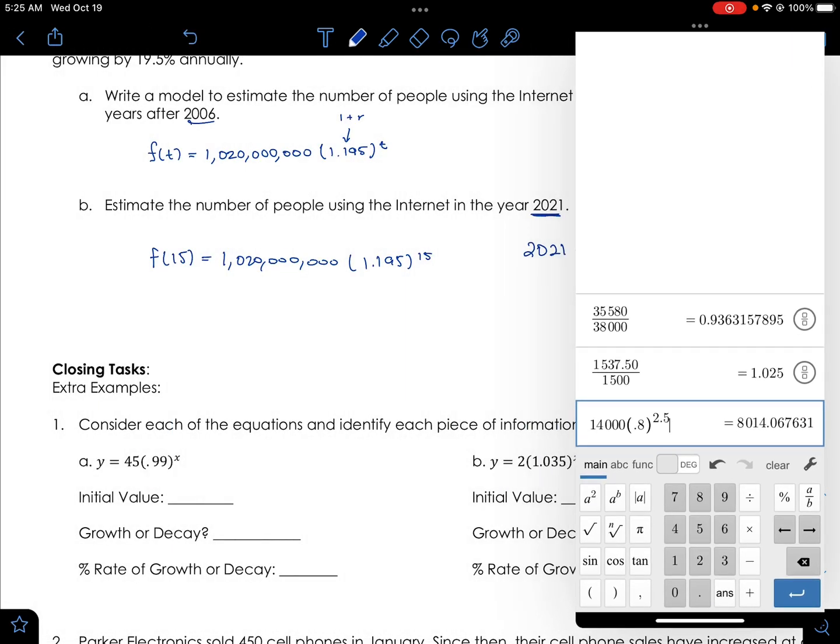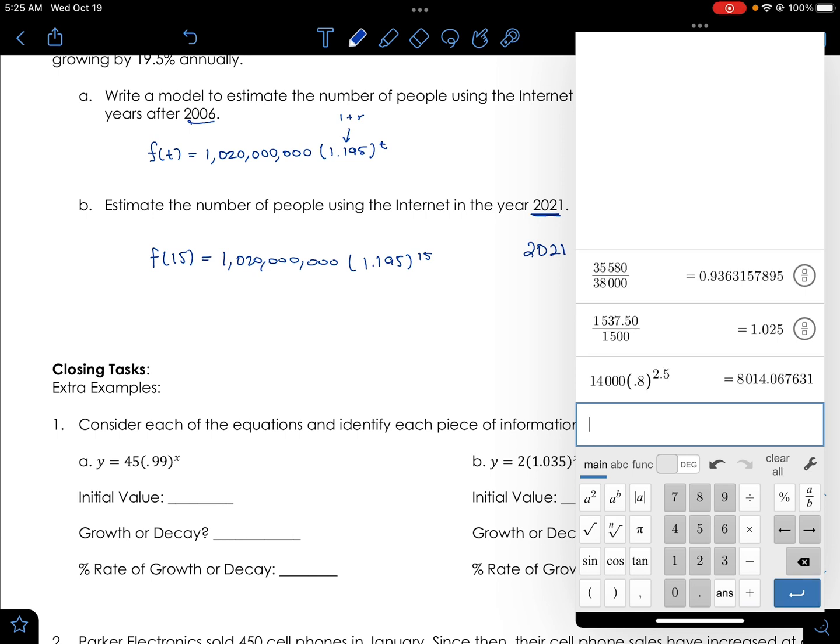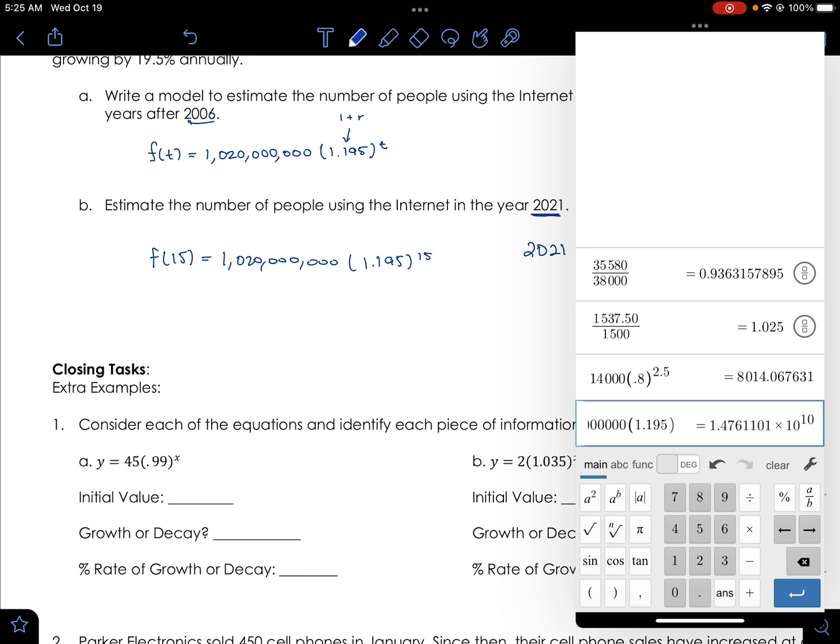And what's going to happen when you type this in, because we have that number as being such a big number, is it's going to write it in scientific notation for us. And so we have 1.476101 times 10 to the 10th power.